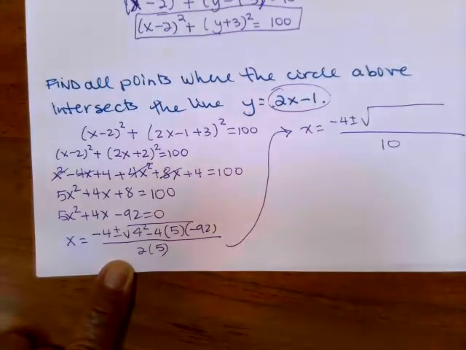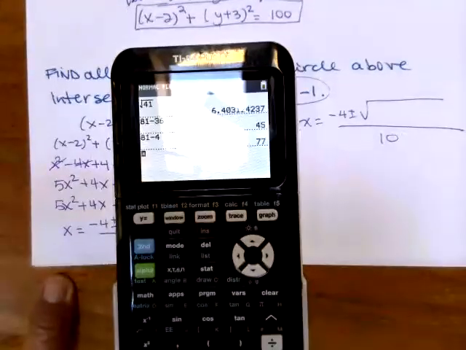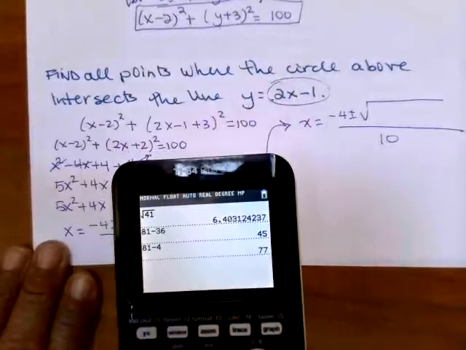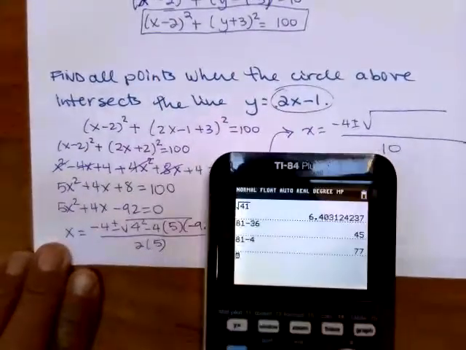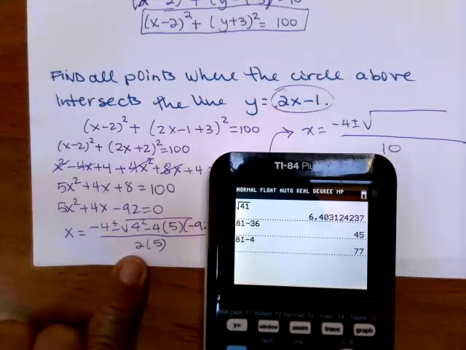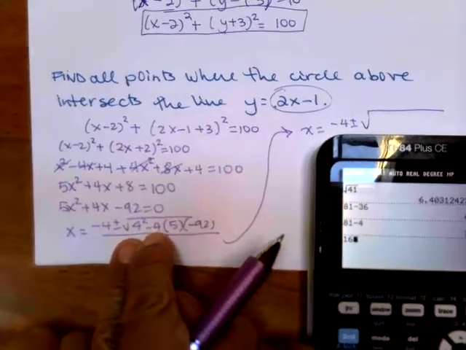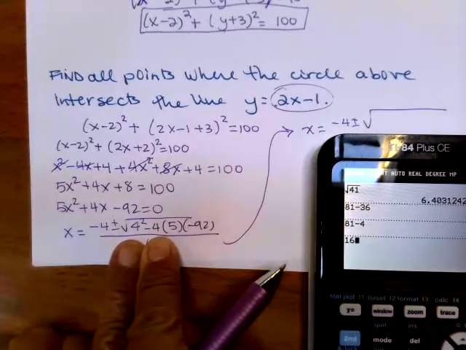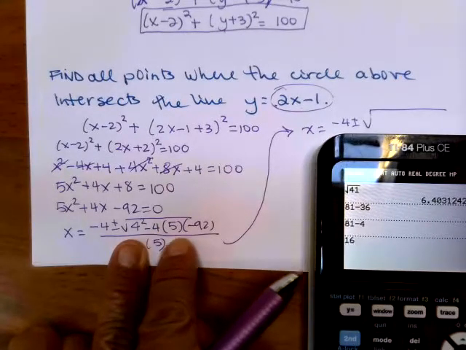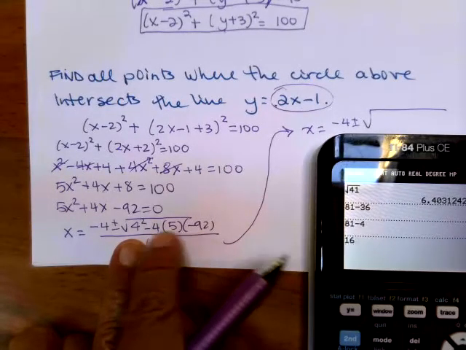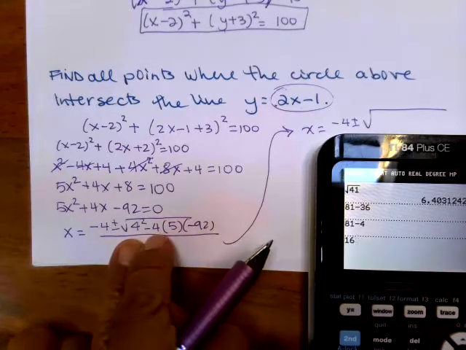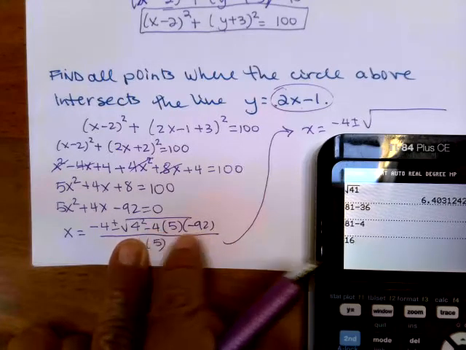Let's figure out what that radical is. I'm going to grab my calculator. There we go. What do we have? 4 squared, so 16. And then notice here I have the negative 4 from the quadratic formula, negative 4ac. Negative 4 times the negative 92 is going to be a plus.